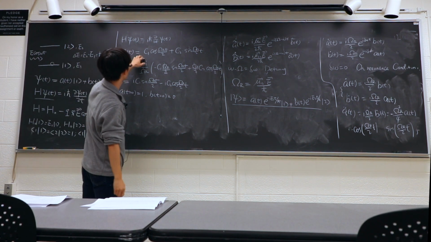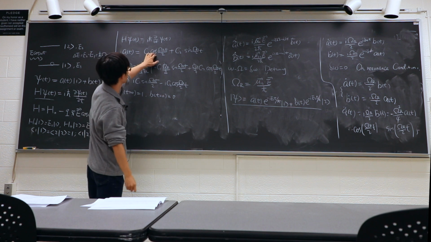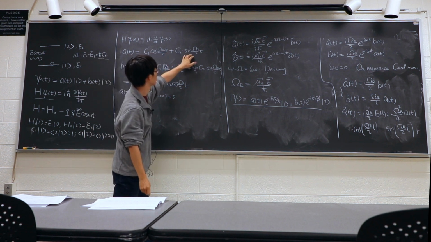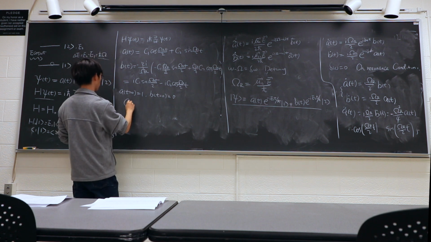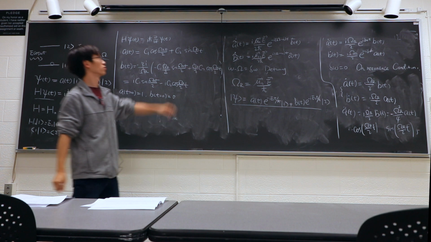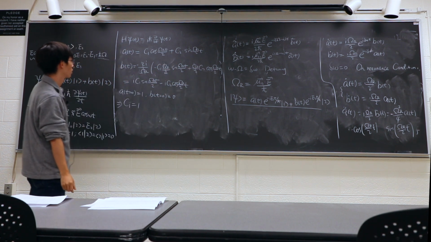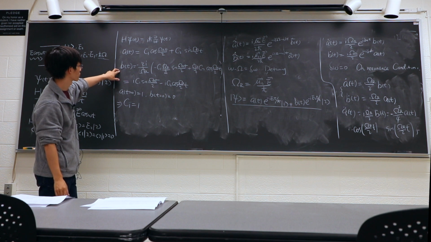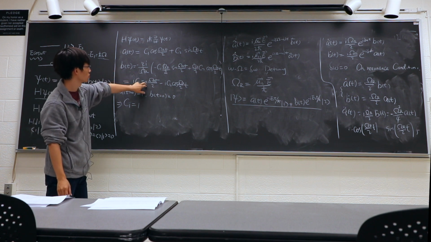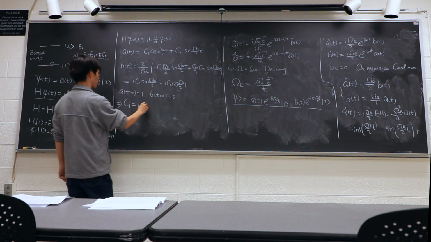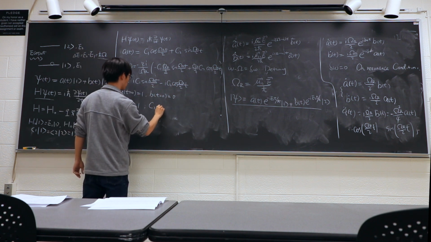And what it tells you is that at time 0, this one is 1, this is 0, so you have C1 equals 1. And you don't know what C2 is, so you look at this. B(t) should be 0 at time 0. This is 0, this is not 0. You want it to be 0, so C2 is 0.